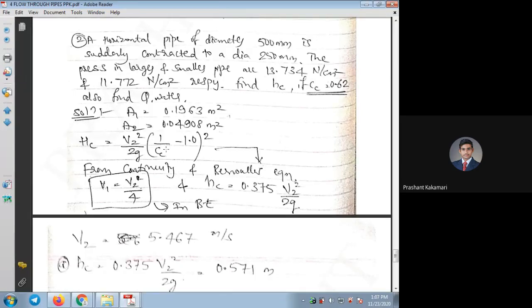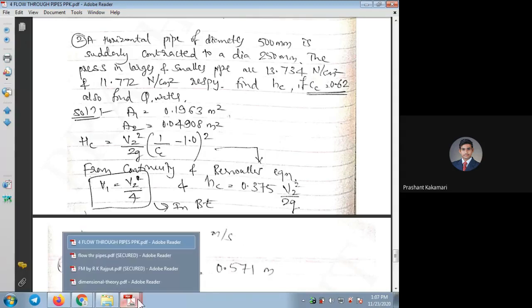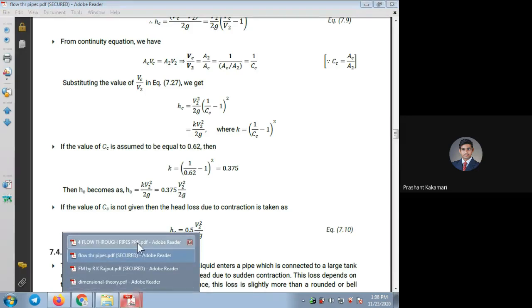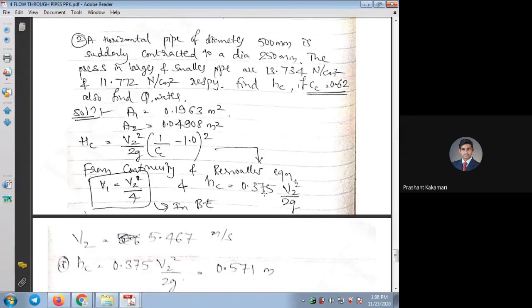If you substitute like that, we get the formula for hc as 0.375 V2 square by 2g.